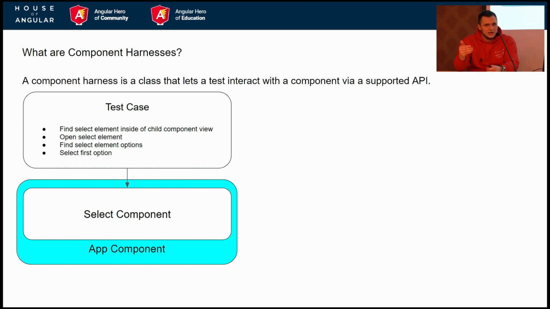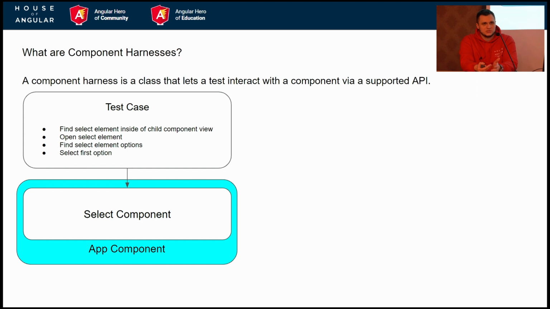Then we have to find, in scope of the open select, the options of that select, and again trigger a click on an option to somehow select something within that component. And as we can see, there is really a lot of secondary work which we will have to repeat within each test case that will be using this select component.